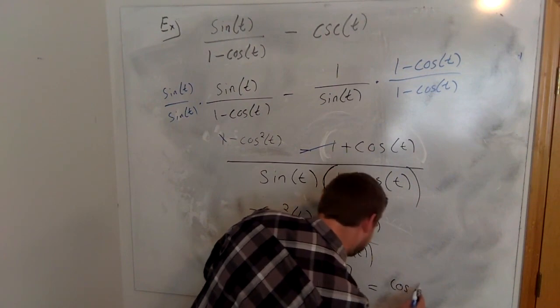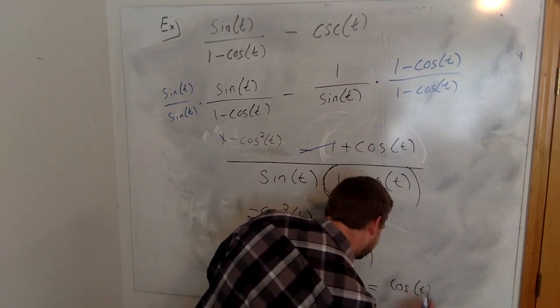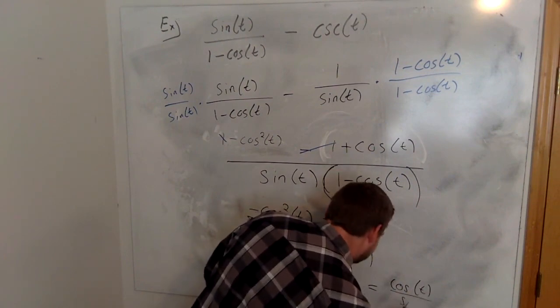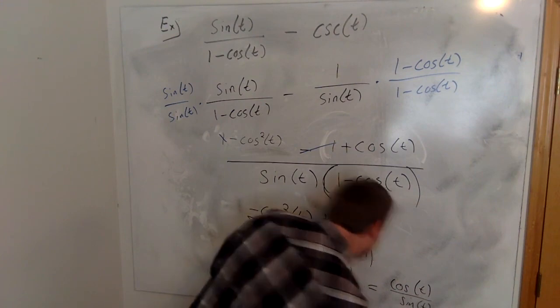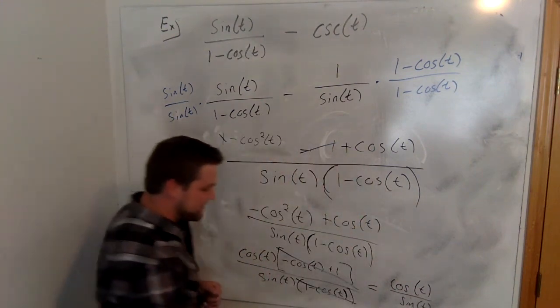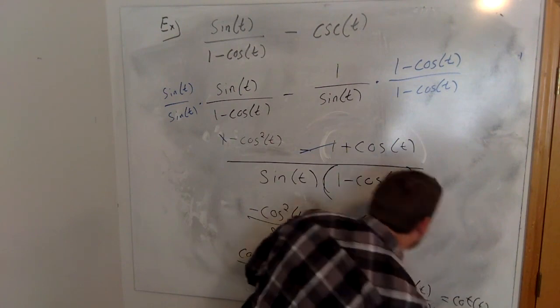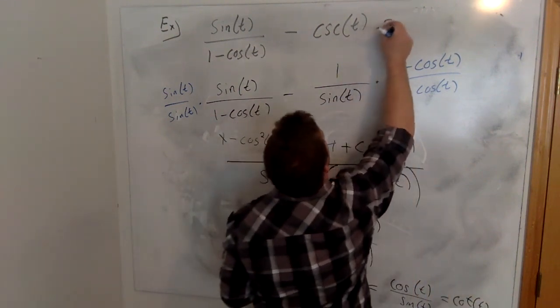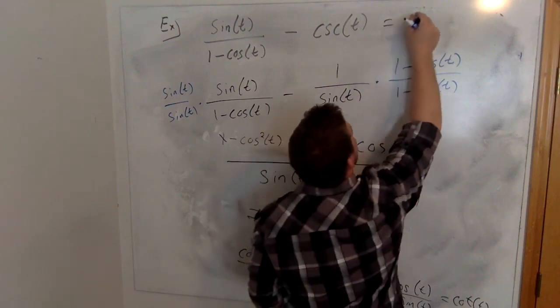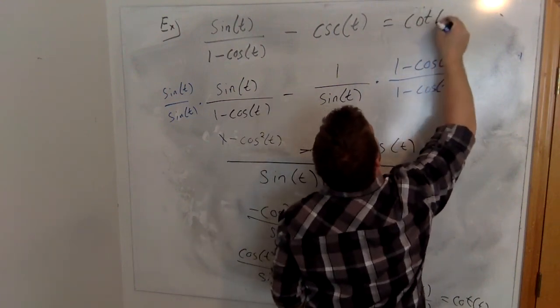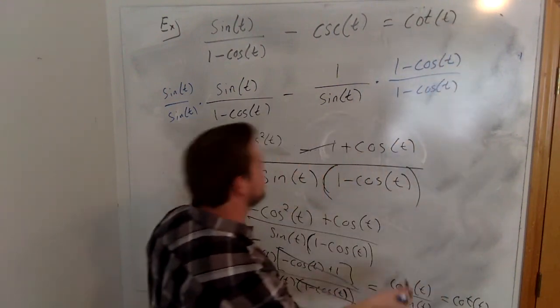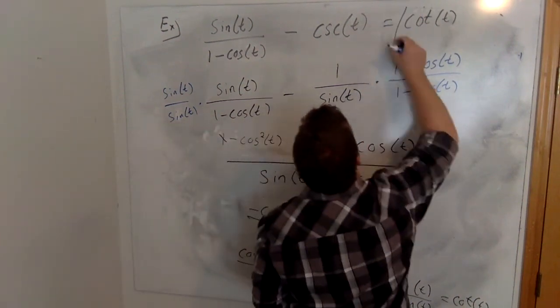This is the same thing as cosine of t all over sine of t, which, what do you know, is the same thing as cotangent. Silly cotangent in disguise. This is all the same thing as cotangent of t. And here's the answer.